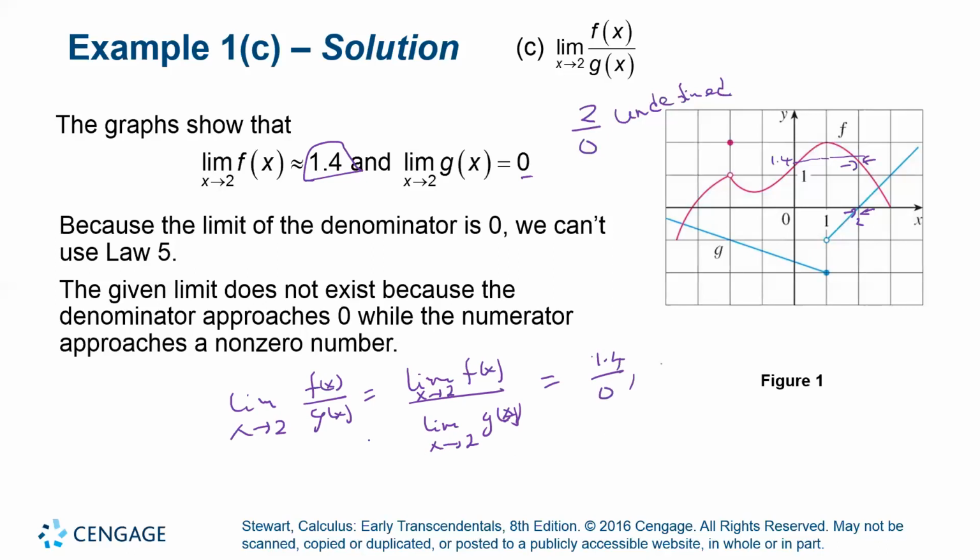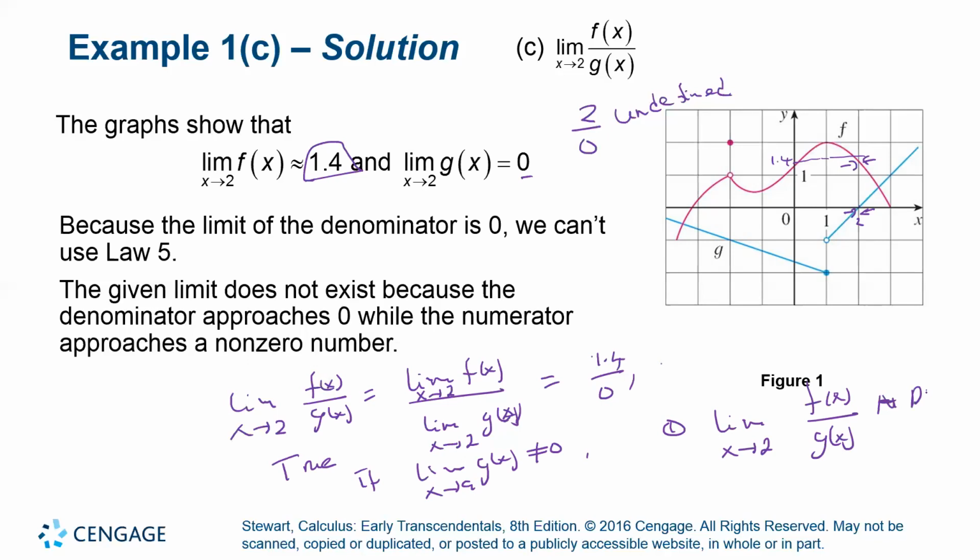This rule is true only if the denominator, the limit as x approaches a of the function, is not equal to 0. And so in this case, the limit as x approaches 2 of f of x divided by g of x does not exist. So that will be our conclusion.